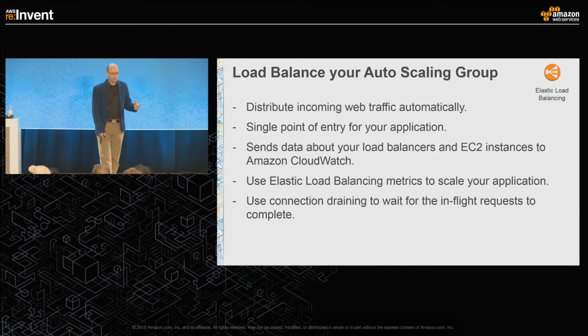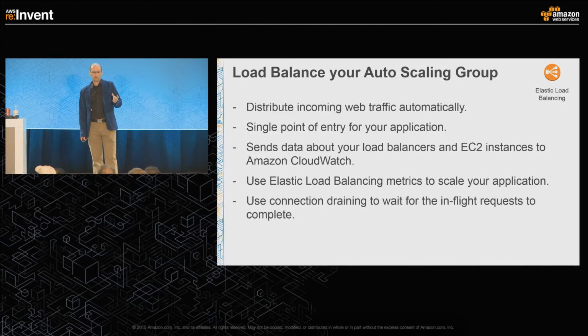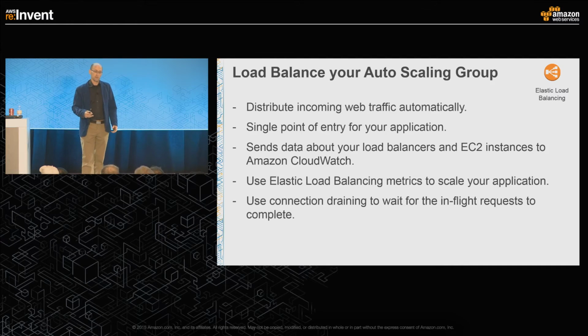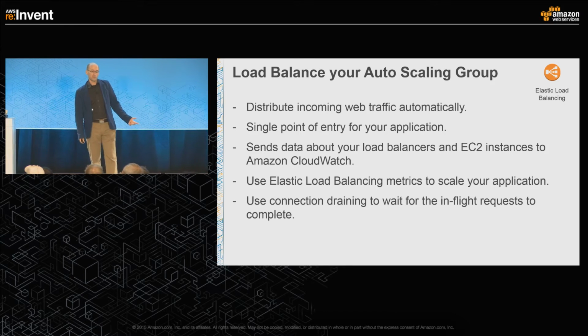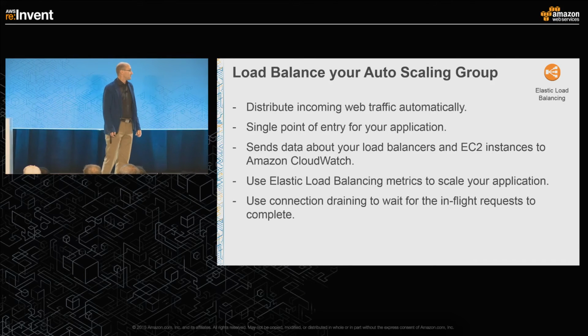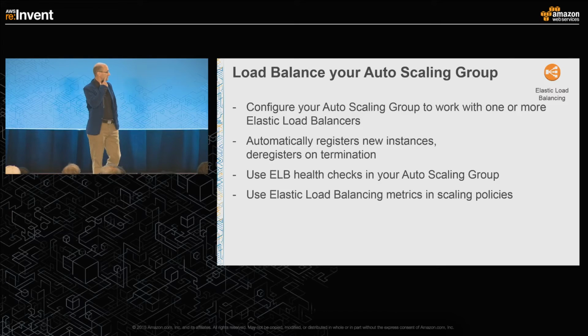The nice thing about ELB and autoscaling is that they are well integrated. So for example, ELB supports connection draining, as I've said before. And it tells autoscaling once the drain period is over and it's safe to actually terminate an instance that's about to be terminated. It generates metrics, which you can use in autoscaling as well. It interacts pretty well, and I'll show you a couple of examples later on.